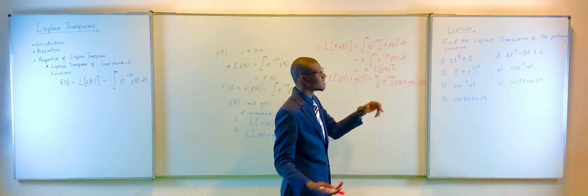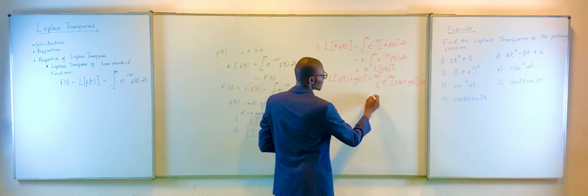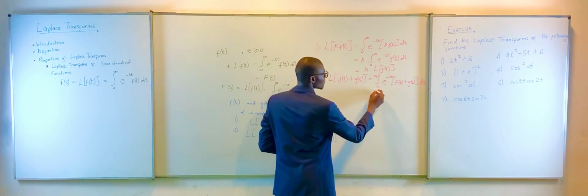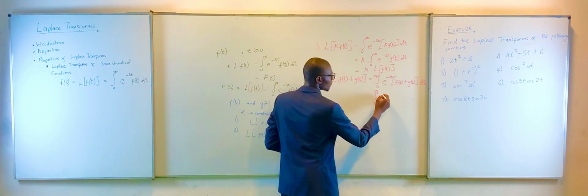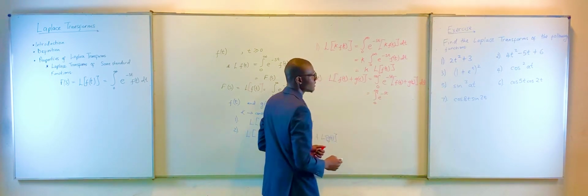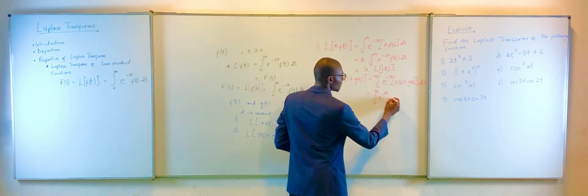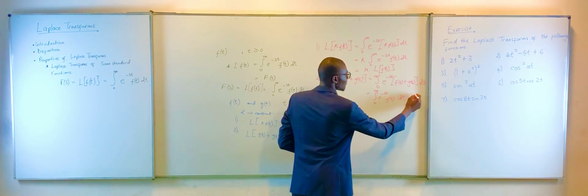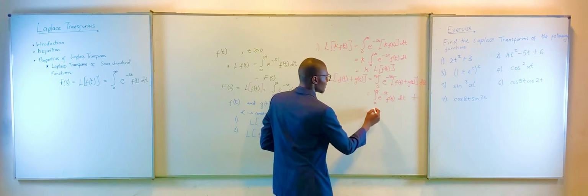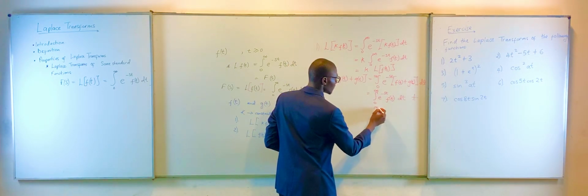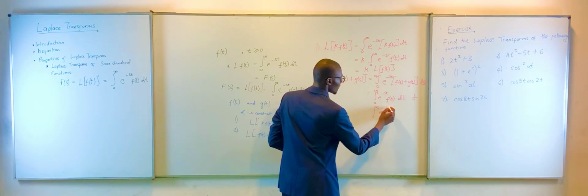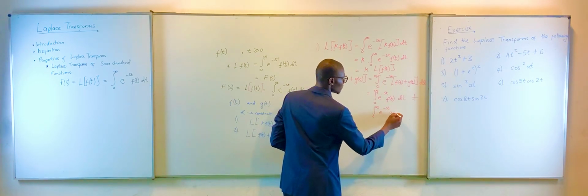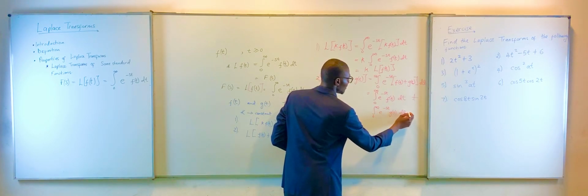Since this is a summation, we can split here. Then we have the integral from 0 to infinite of e to the power minus st of f of t dt, plus the integral from 0 to infinite of e to the power minus st of g of t dt.